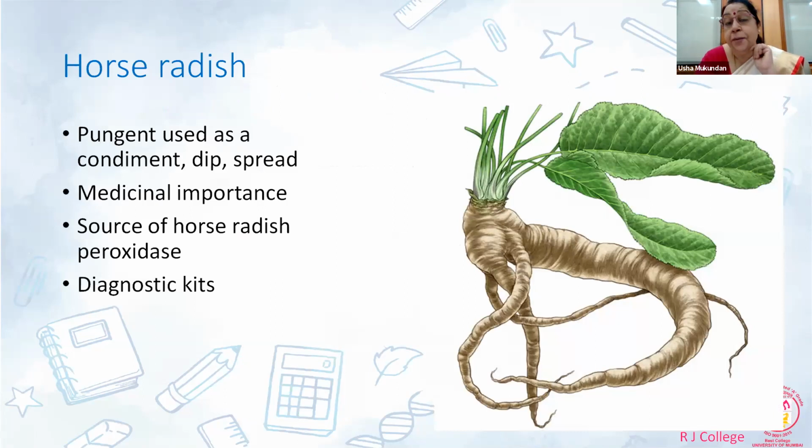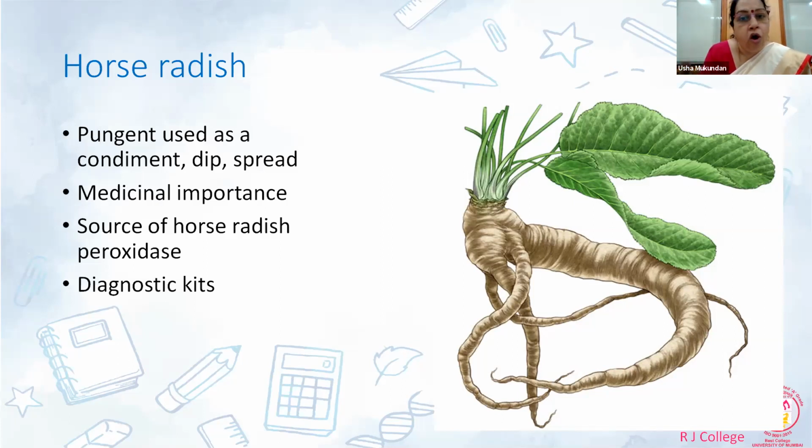Now we come to a very interesting plant known as horseradish. The botanical name is Armoracia rusticana. I've seen it recently in Nature Basket. Otherwise, it was not available in India because it doesn't grow in our country. It's a temperate plant. That means it needs very low climatic conditions, and the roots are very much like the way radish is.